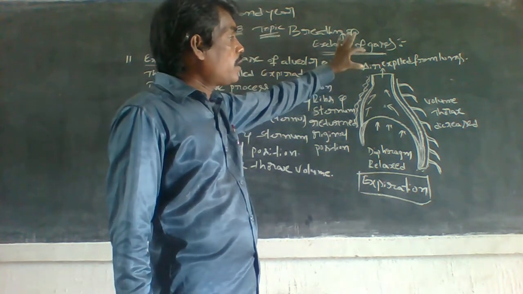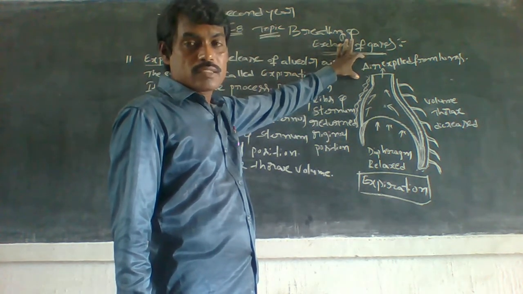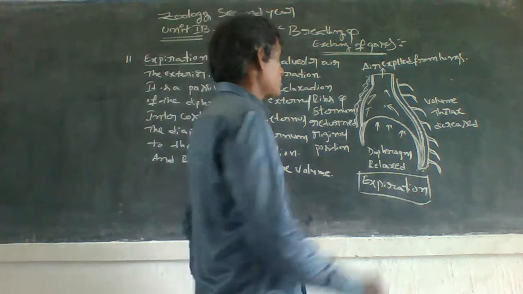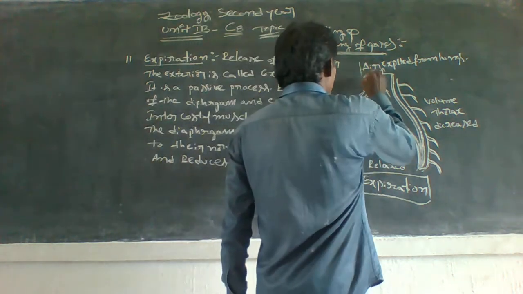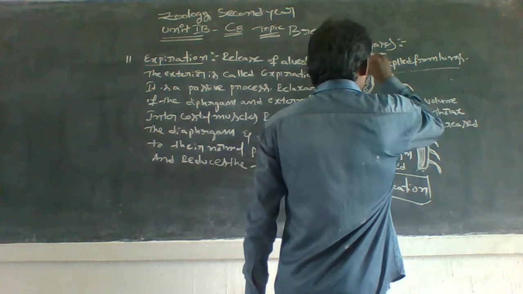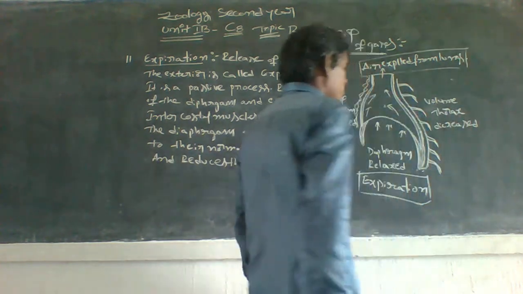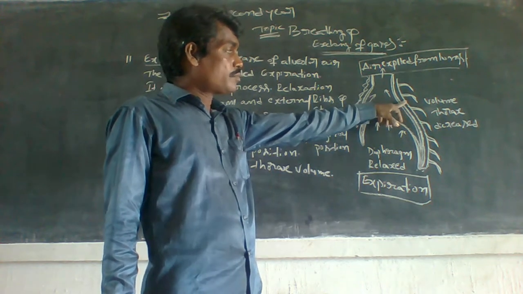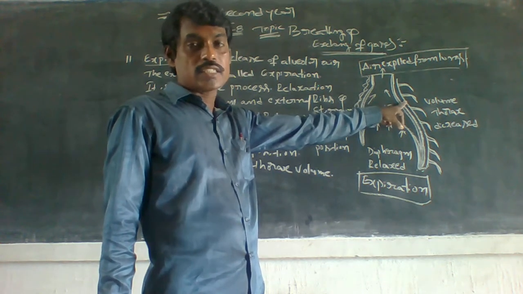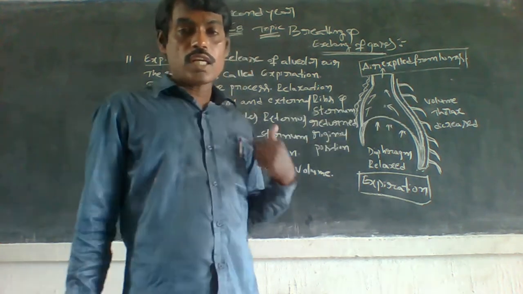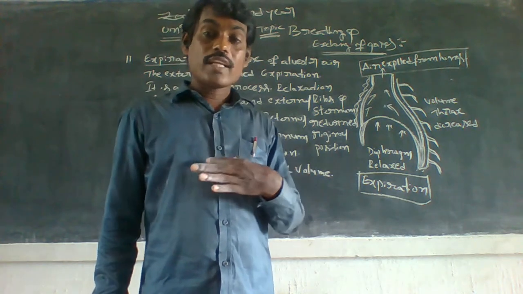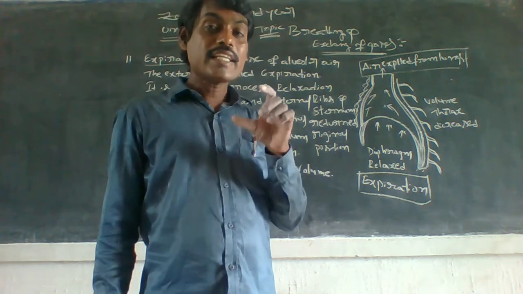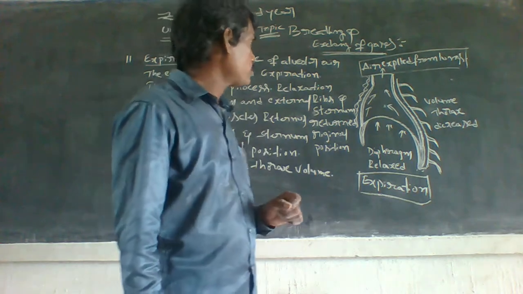First of all, air is expelled from the lungs. Next, the thorax volume decreased. This is the thoracic region, and the thoracic volume is decreased.